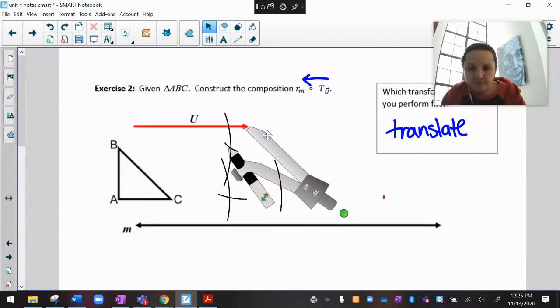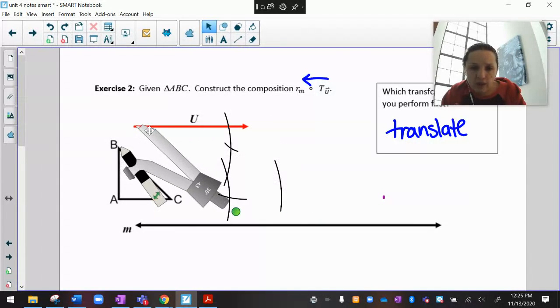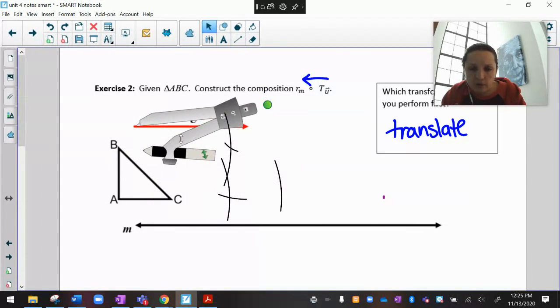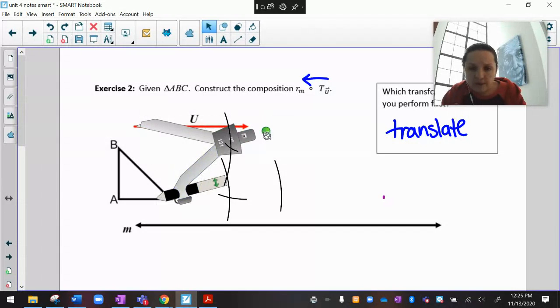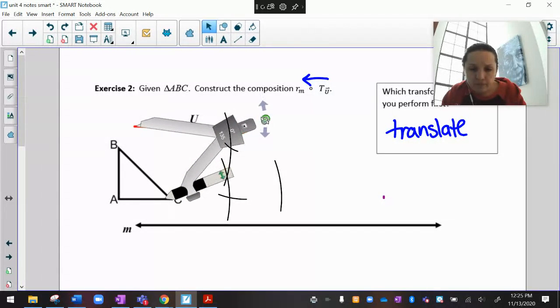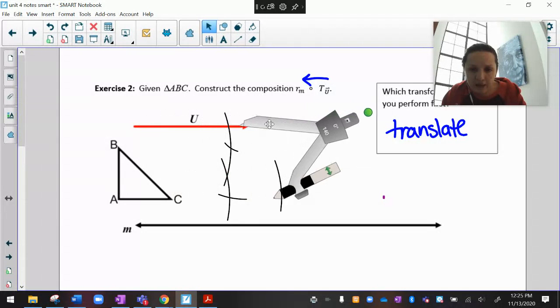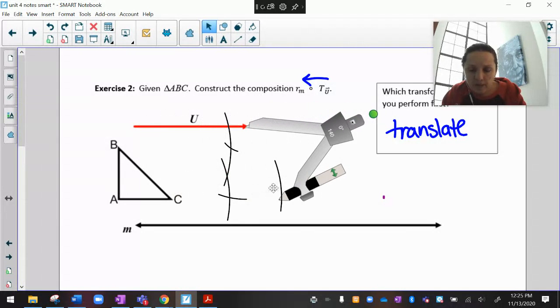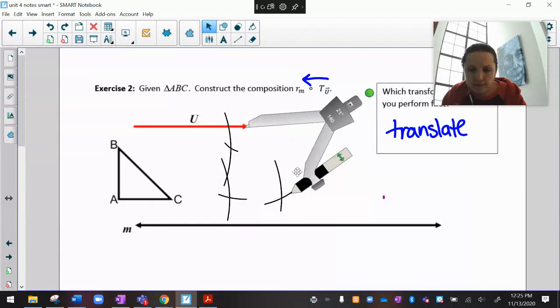There we go. And then open from the pokey part, U to C. A little bit more. There we go. Slide down U, and then draw this arc.